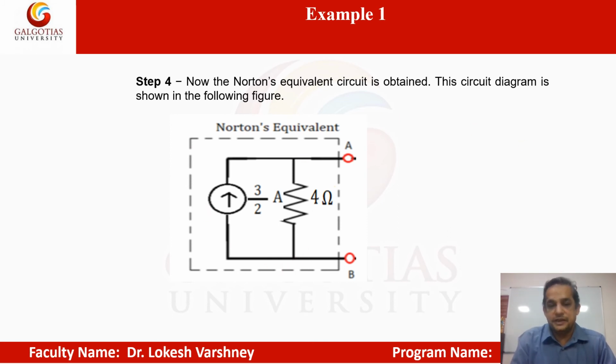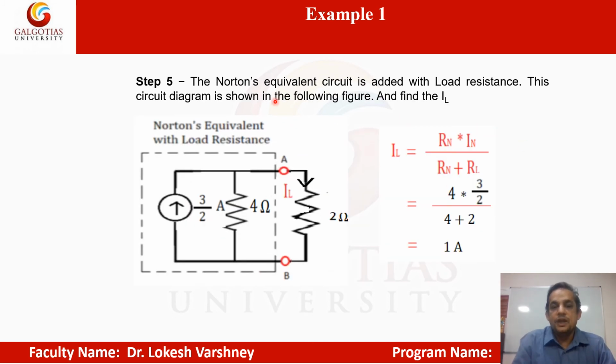Now come to the next slide. Here is step 5, the last step. The Norton equivalent circuit is connected with the load resistance. This circuit diagram is shown in the following figure, and we find IL. Here we reconnect the load resistance which was removed.